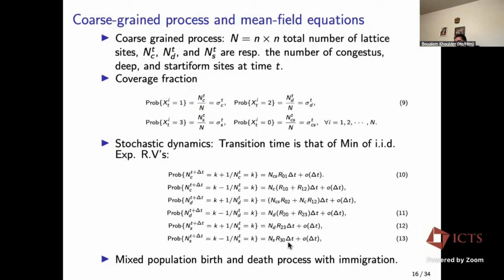You can compute the rates of change of the coarse-grained model, which becomes a birth-death process. With immigration, it means there are three populations, and then they just move from one country to another, and so on. So there is also birth and death at the same time.